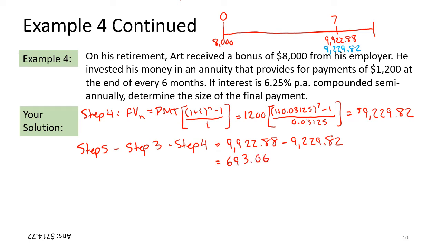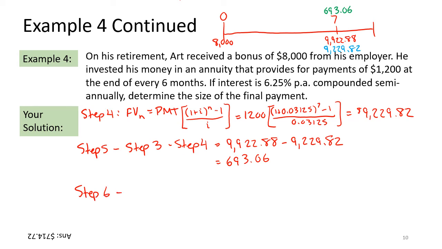So that's the outstanding amount of principal we have, $693.06, right after we've made our 7th payment. Because payments are at the end of the period, we have to add the periodic rate of interest to it to figure out the total amount we have left, because we are always paying a bit of interest and a bit of principal.